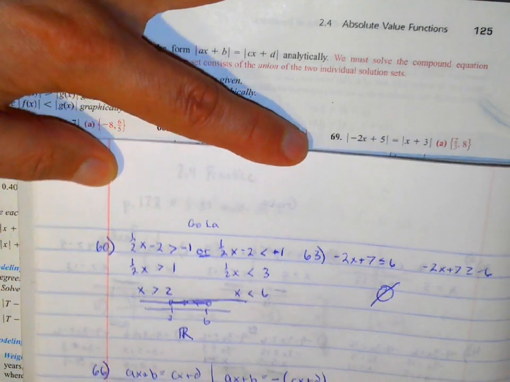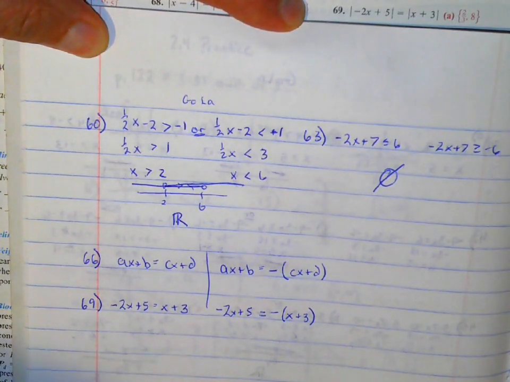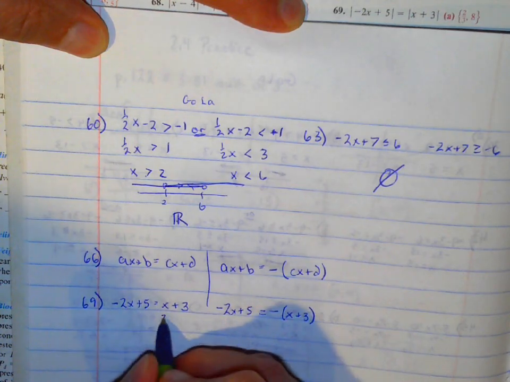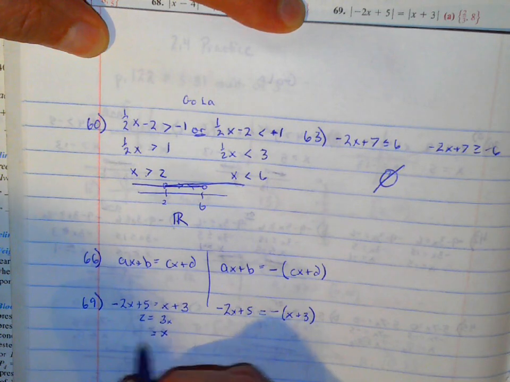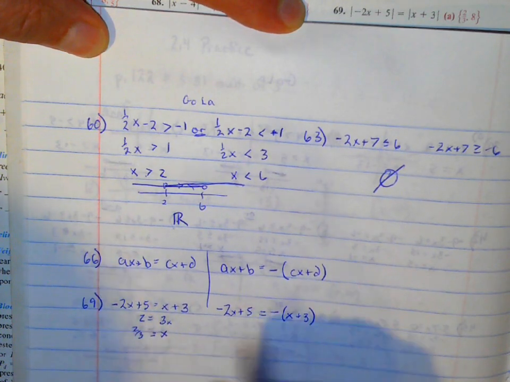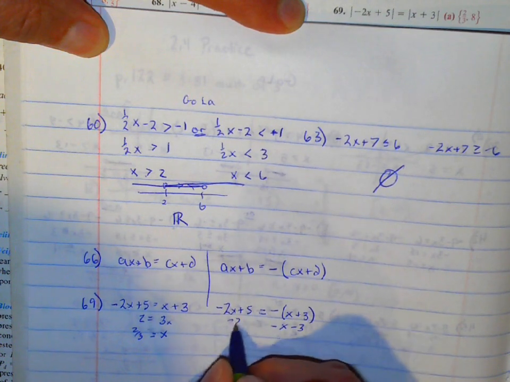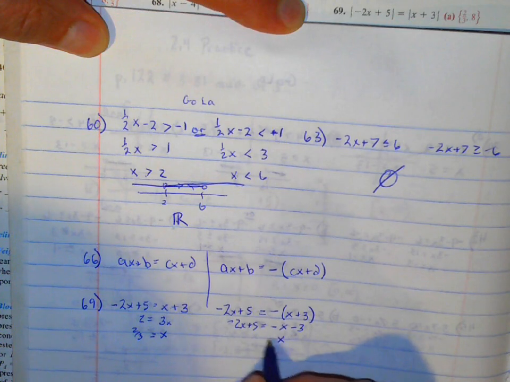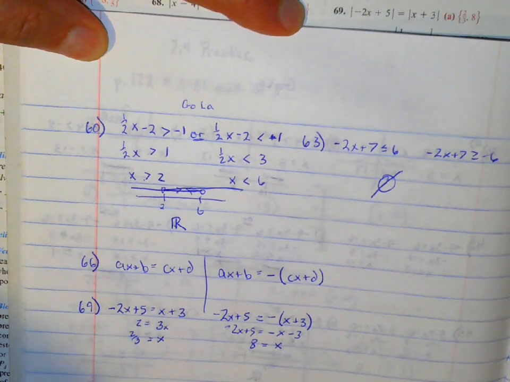So I'm going to add that over, subtract that over, then that gives me my answer, 2/3. And that would be negative x minus 3. If I add that over and add that over, we get 8. So 8 and 2/3 are the two answers.